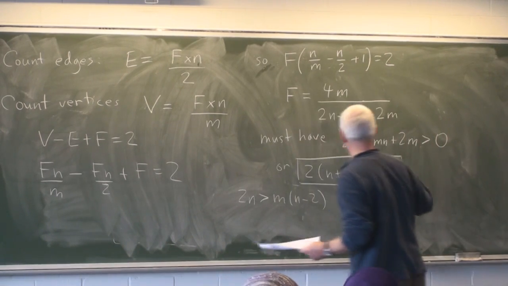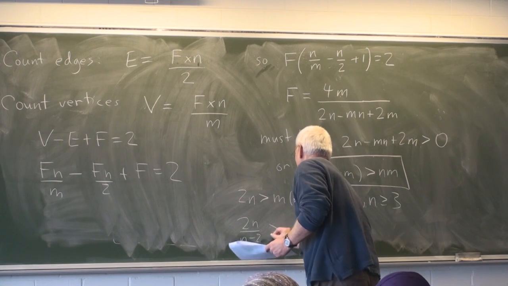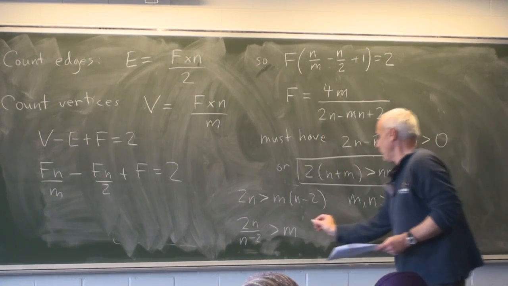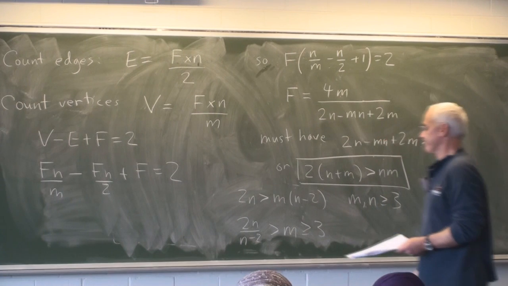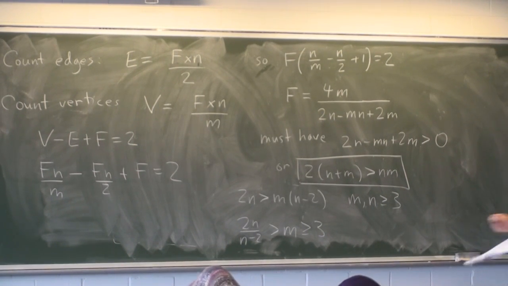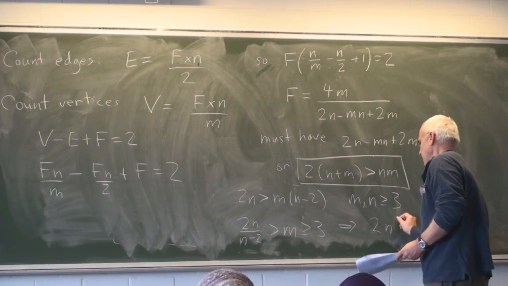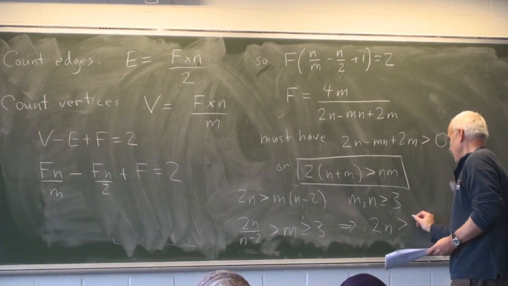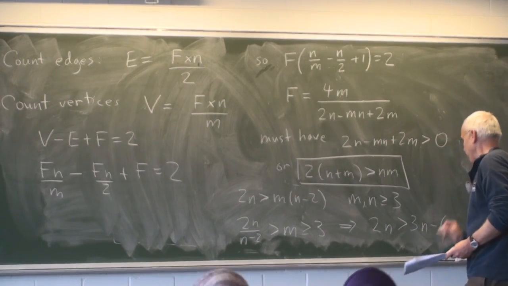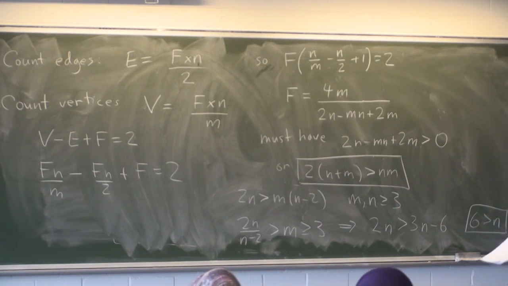So if we divide by that, we'll get 2n over (n minus 2) is bigger than m. And m is bigger than or equal to 3. And that tells us then that 2n is bigger than 3n minus 6. Which tells us that n is less than 6.